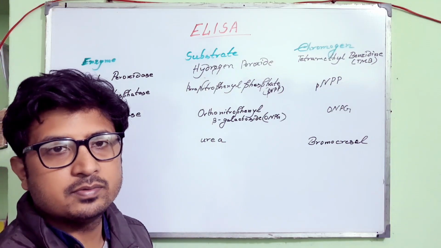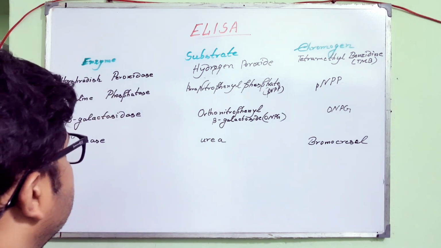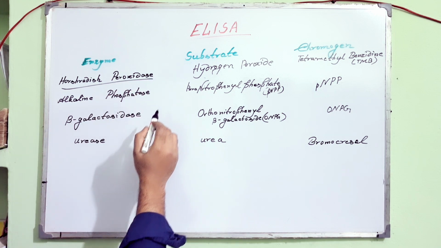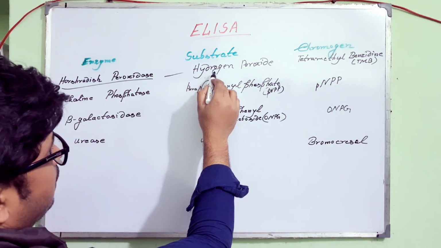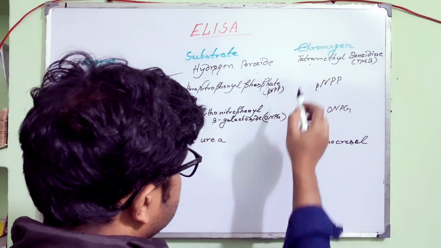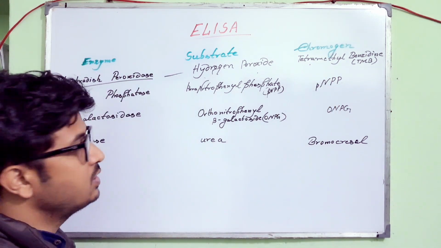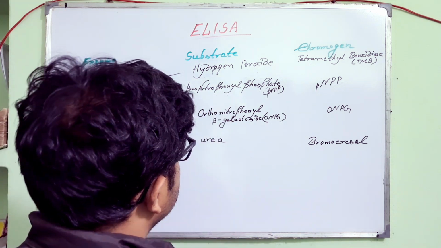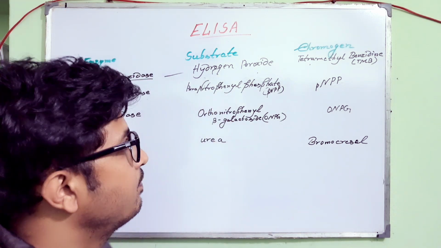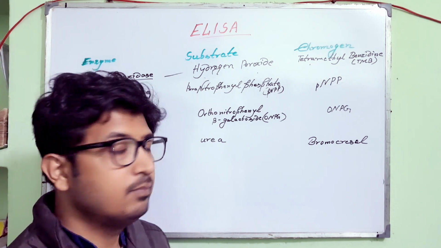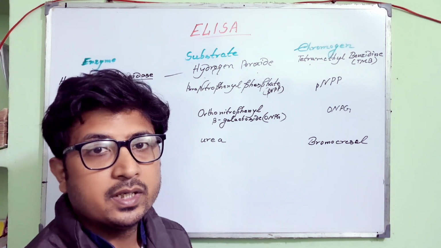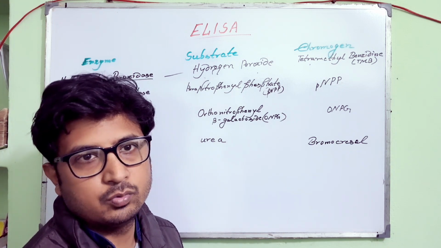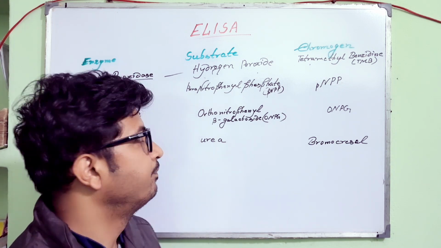These are a few enzymes, substrates and chromogens, as a chart. HRP, or horseradish peroxidase, works upon hydrogen peroxide, and the chromogen used here is tetramethylbenzidine. In case of alkaline phosphatase, the substrate is para-nitrophenyl phosphate or PNPP, and upon action by alkaline phosphatase the product is para-nitrophenol, which itself is a chromogen.